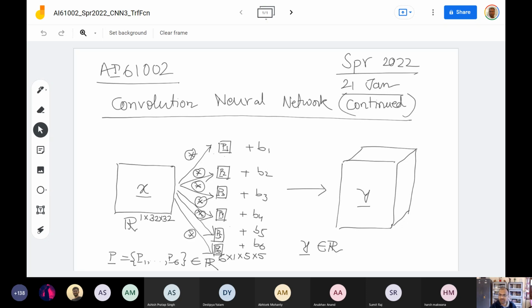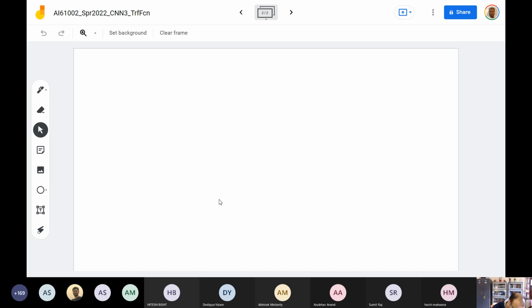This is a 2D convolution operator. Now can you tell me what my output will look like? 6 cross 28 cross 28.